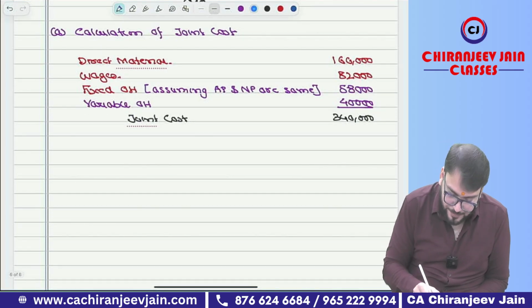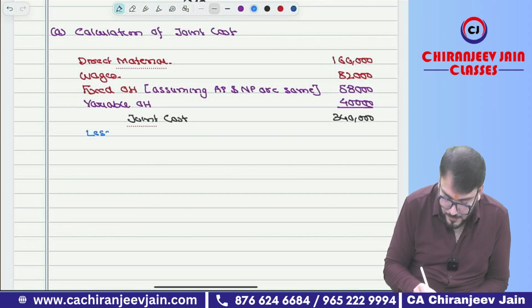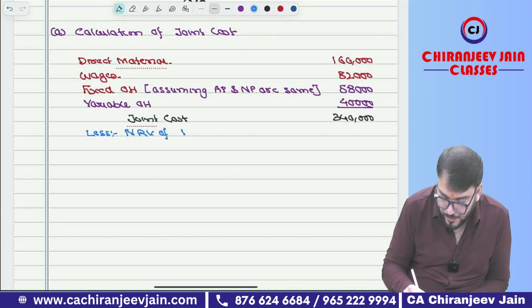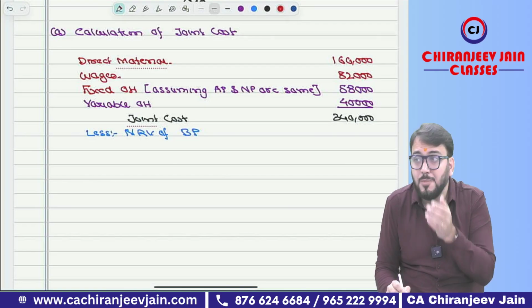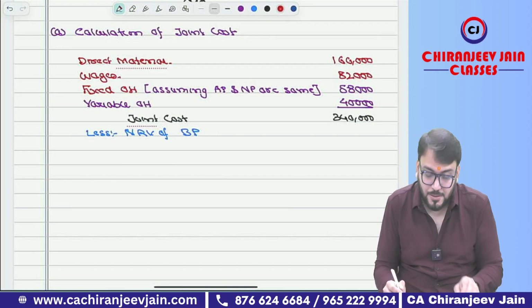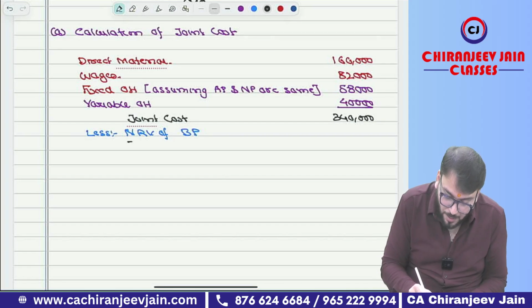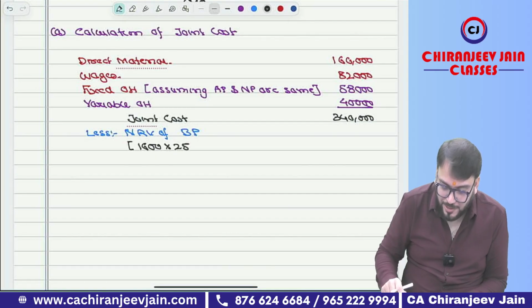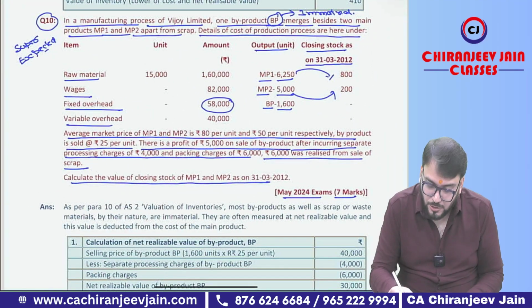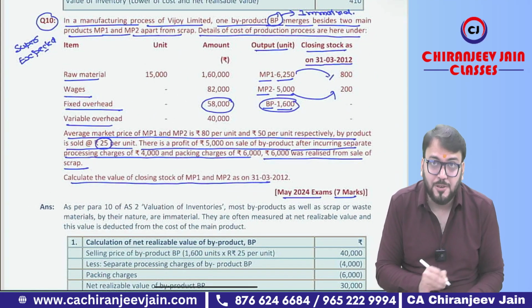Now from these, we'll deduct the NRV of byproduct. The NRV of byproduct will be sale price minus selling expense. So how many units of byproduct were produced? That is 1600, and it can be sold at 25 rupees per unit.